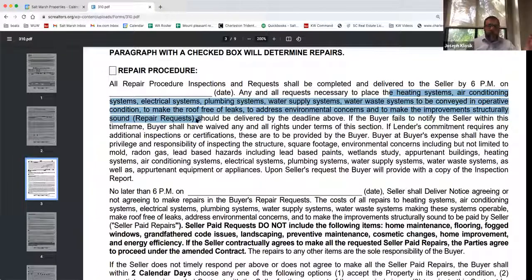Any of those come up, then you put notice to say these need to happen. These repairs, these things need to happen in order for you to be within the contract here. Right? It specifically says it right here.